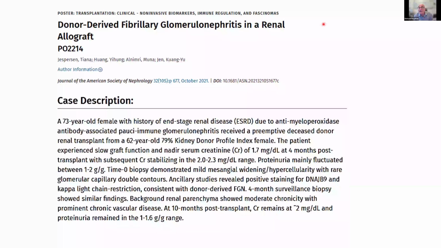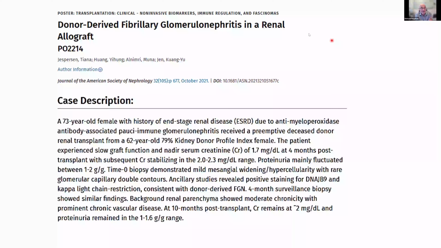Has this rare thing, donor-derived fibrillary GN, been reported in the past? There is only one unpublished or partially published report, a case that was presented at ASN in 2021 from UC Davis.